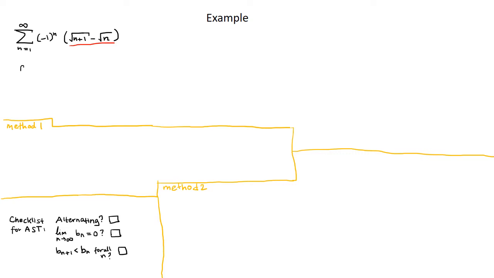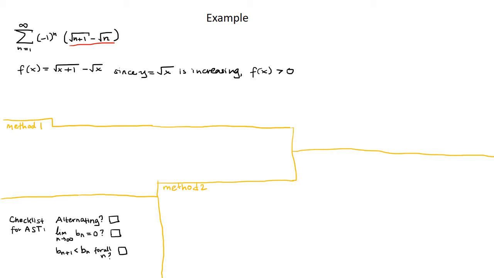Well, if we look at f of x equals the square root of x plus 1 minus the square root of x, since y equals the square root of x is increasing, that tells us that f of x is always going to be greater than 0.